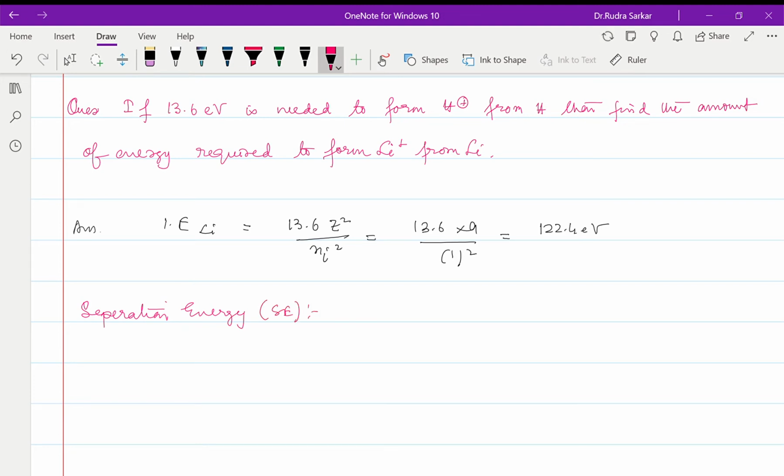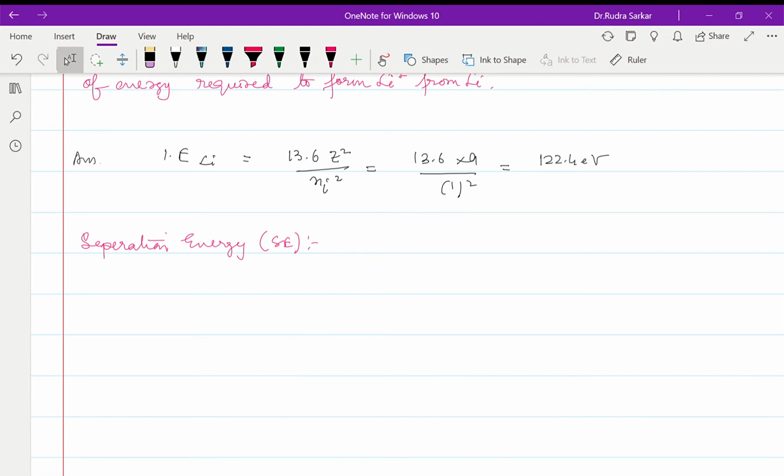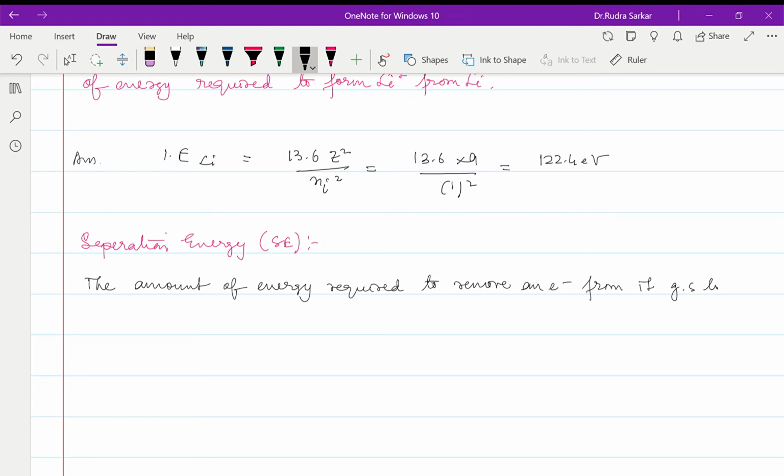It is not something very new for you. It is the amount of energy required to remove an electron from ground state to excited state, okay?